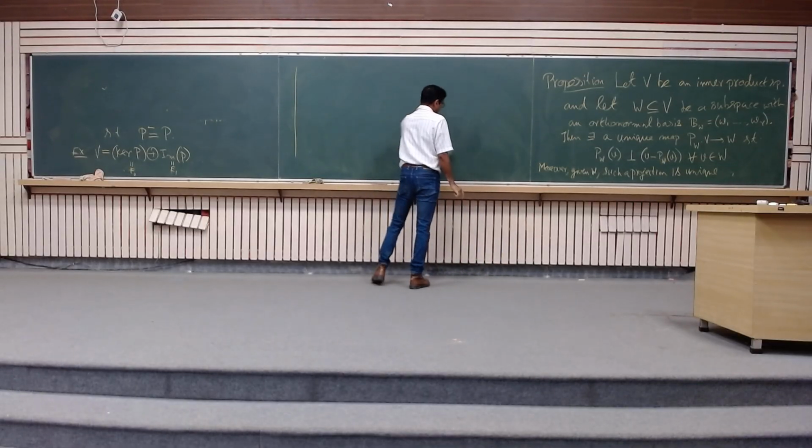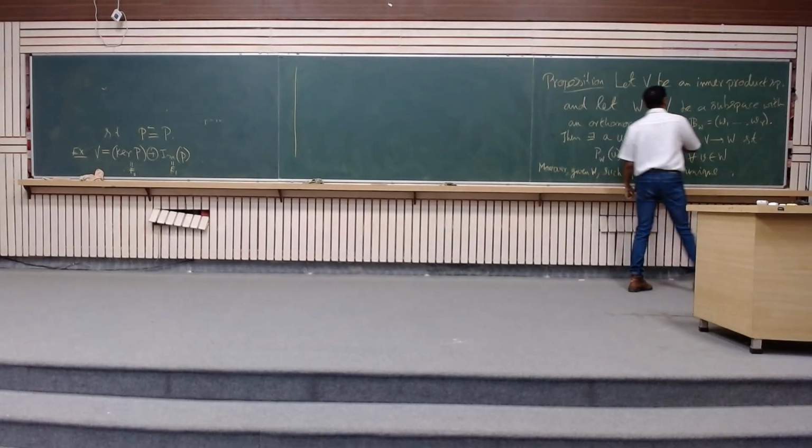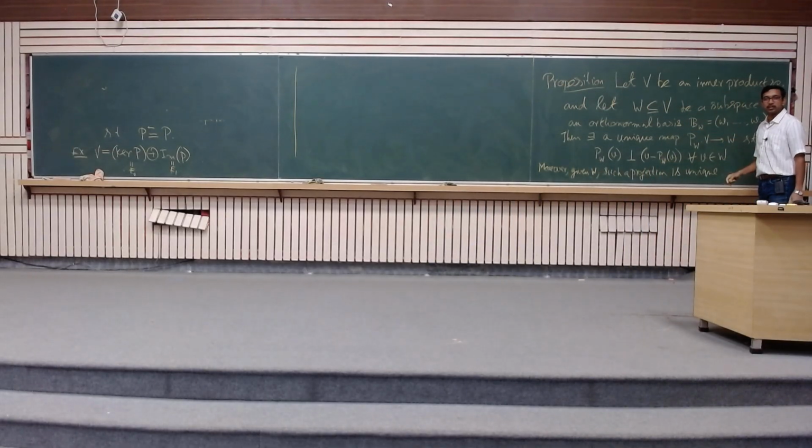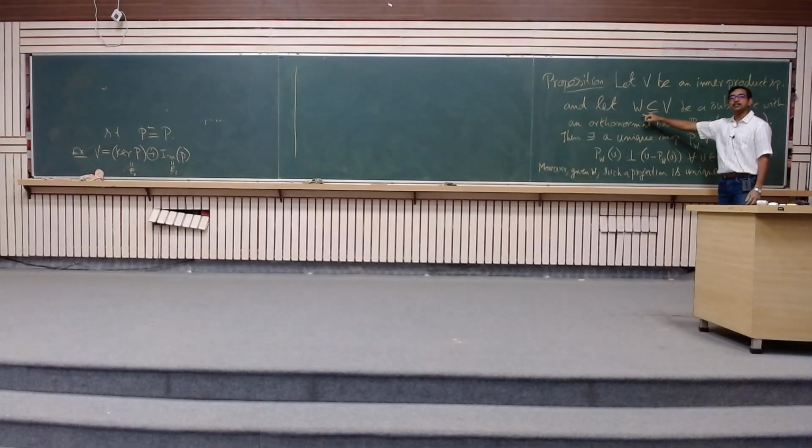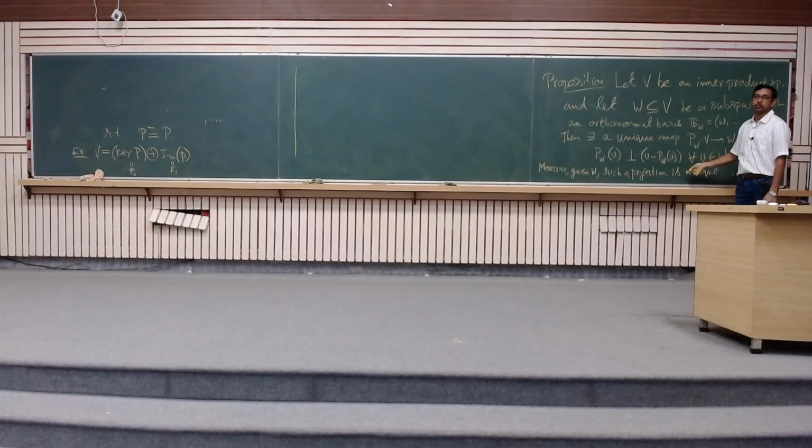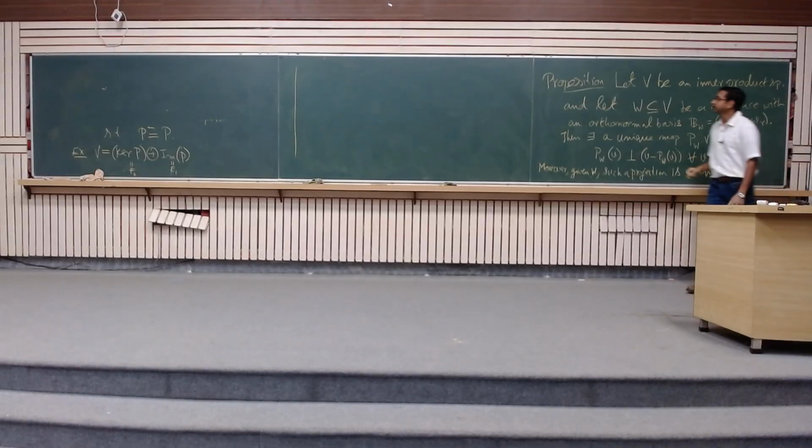That means here we are requiring this orthonormal basis to be explicitly given to us, but we will see that it will suffice actually that V is an inner product space, and we will take any subspace W that would have such an orthogonal basis with respect to which we can define it. But we should do this in between, because this is a step towards the Gram-Schmidt process, whereas the Gram-Schmidt process will imply that every subspace of V would have an orthogonal basis. Okay.